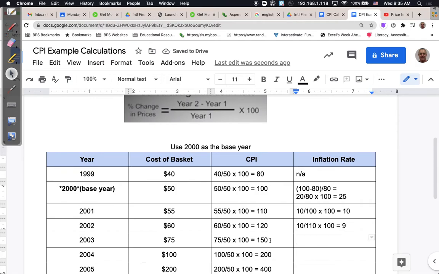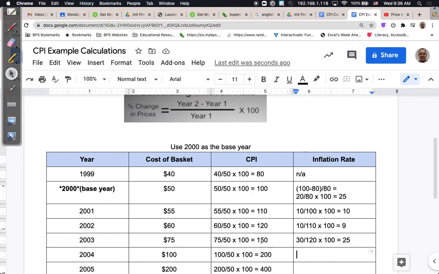Now from 2002 to 2003, the CPI jumped up 30 points. 30 is going to get compared to which one? The earlier one, 120. And then we multiply that by 100. So 30 divided by 120, that's 0.25. 0.25 times 100 is 25.